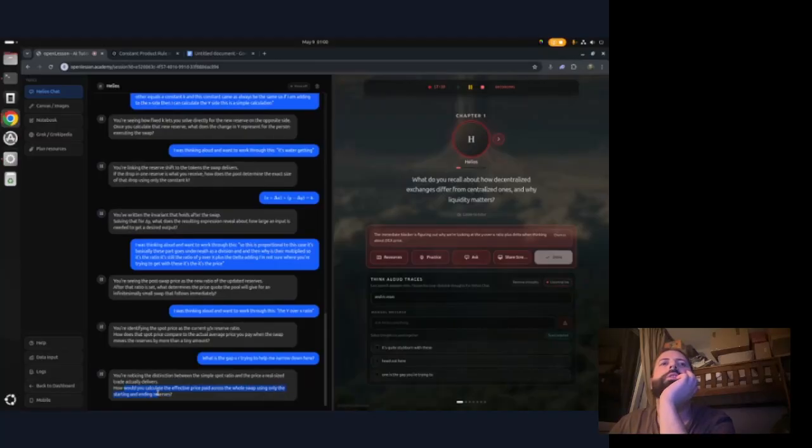Ending reserves. How would you calculate the effective price paid across the whole swap? When you say the whole swap, what do you mean? And why are you talking about the starting and the ending reserves?